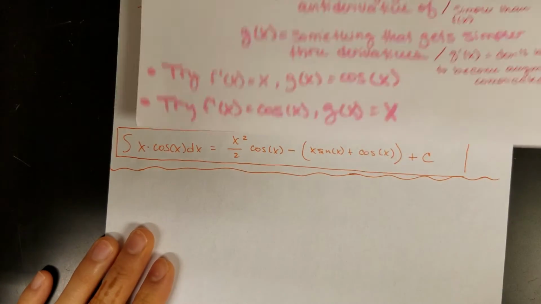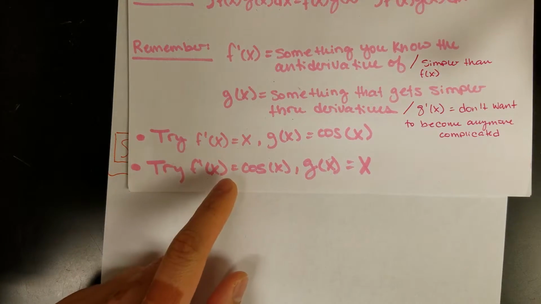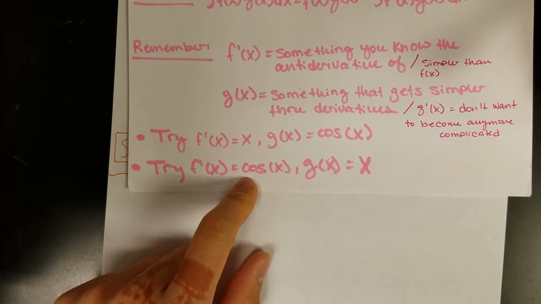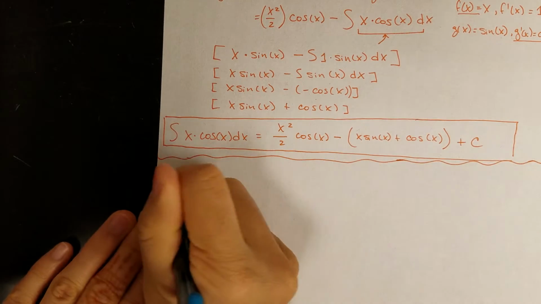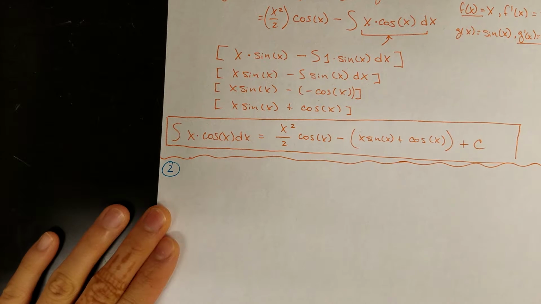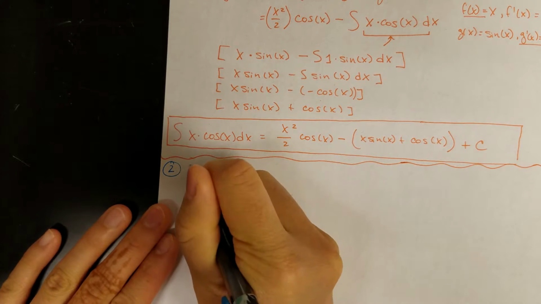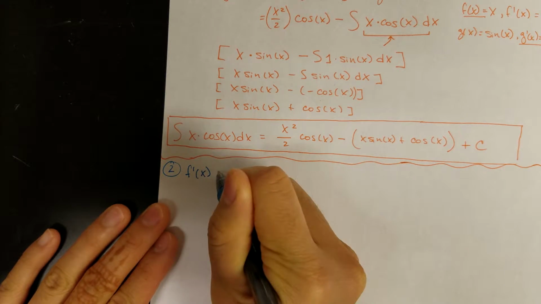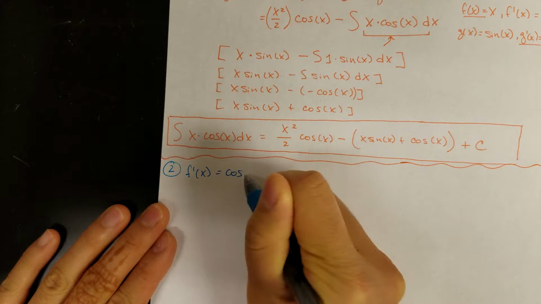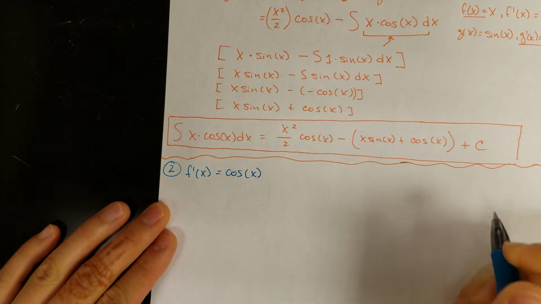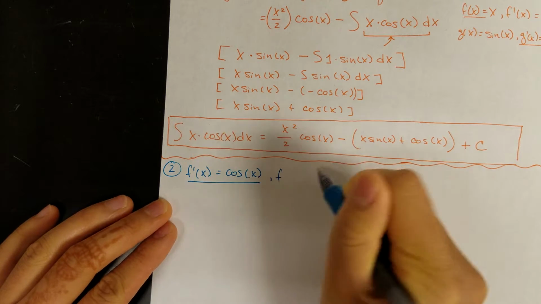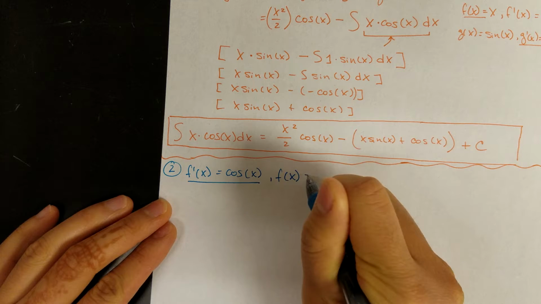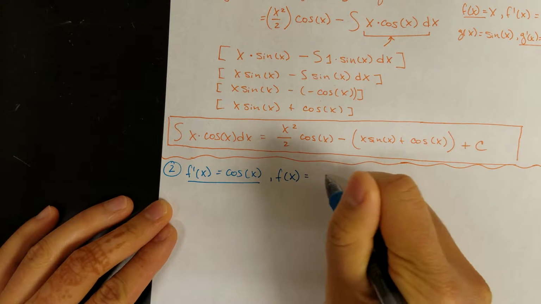Now let's try the second one right here, where it says instead make f prime equal to cosine of x and g equal to x. So we'll do this in a different color. Our f prime is going to be equal to cosine of x, which means its integral is going to be equal to sine of x.